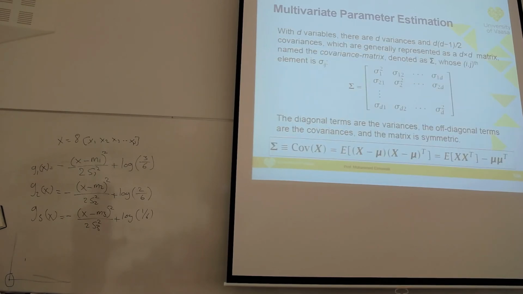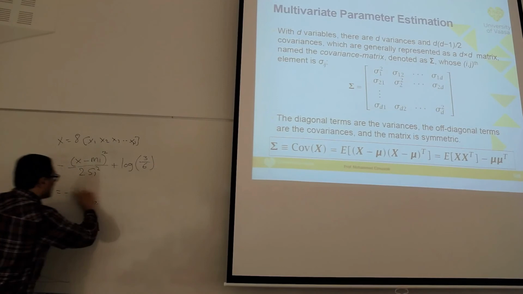The covariance matrix is given by the expected value of (x minus its mean) times (x minus the mean vector) transpose. And it is given by the expected value of x times x transpose minus mu times mu transpose. And x is nothing but just a vector of the parameters.